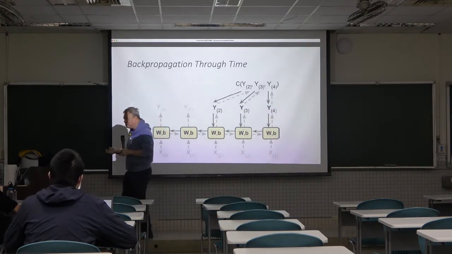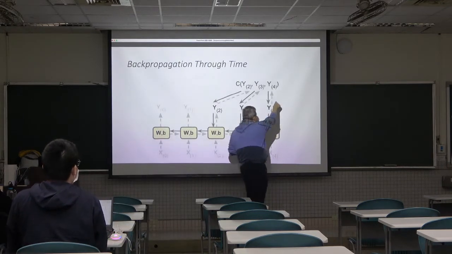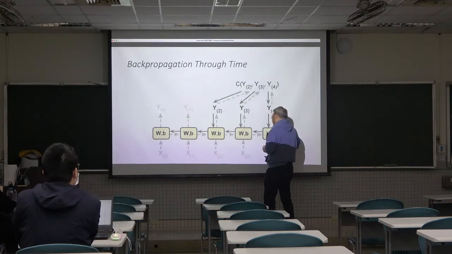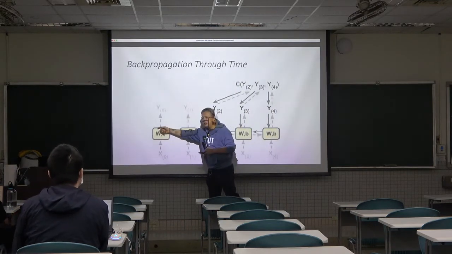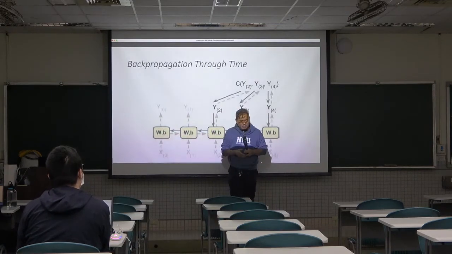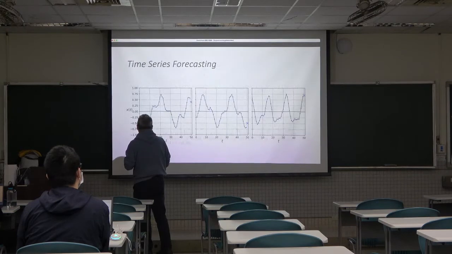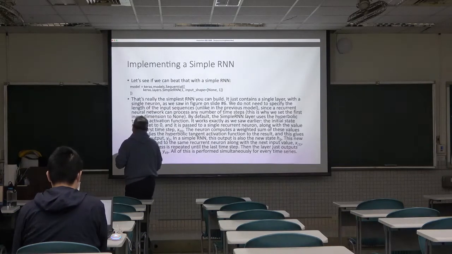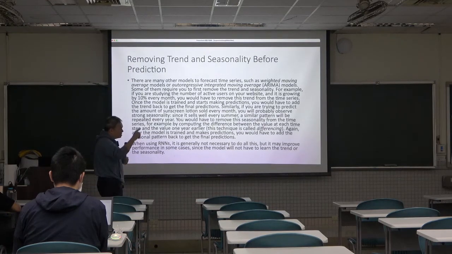But having the gradient flow back all the way 50 steps doesn't make much sense. You really don't need to use the simple RNN for the last layer.